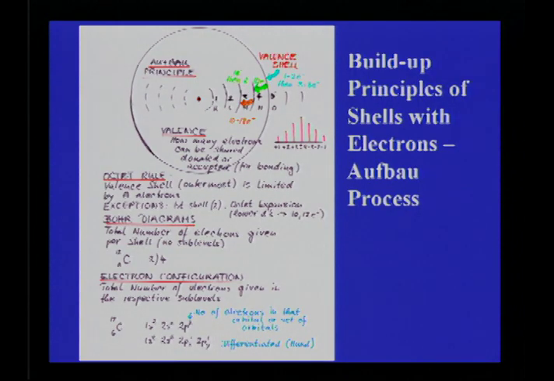Now let's look again at the Aufbau principle, or the build-up principle. Let's say the valence shell in this scenario is the 5th shell. Then it always has to be filled with 1 or 2 electrons so that it is considered really a valence shell.